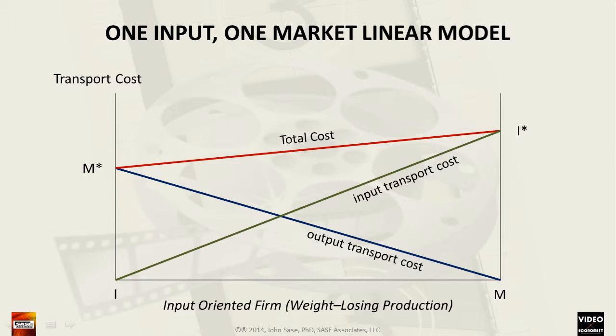We will determine that the optimal point of production should be at point large I, the input location. As we already know the solution, our discussion will concentrate on demonstrating why this is true.